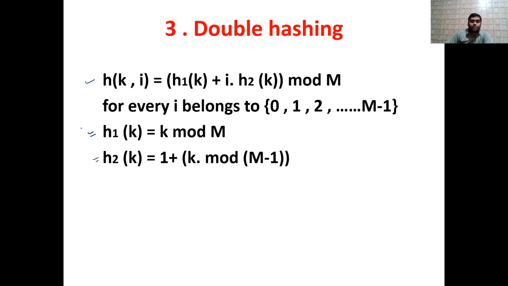So this is the first and this is the second. Double hashing means two hash functions we are using.